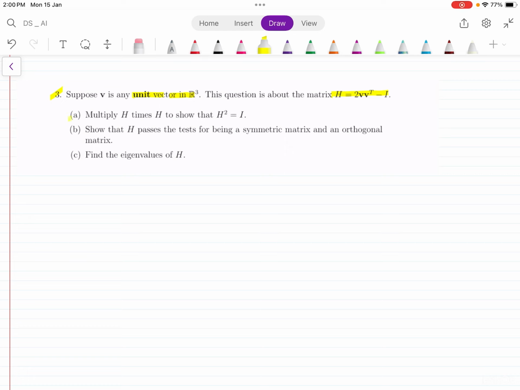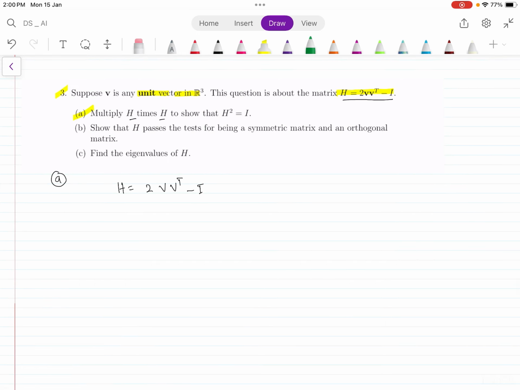The first part of the question is to multiply H times H to show that H square is equal to I. So let's first solve this part A. We have to show that H times H is I, and we have this matrix H, which is 2 v v transpose minus I, where v is a unit vector in 3 dimensions, so it will have 3 components.